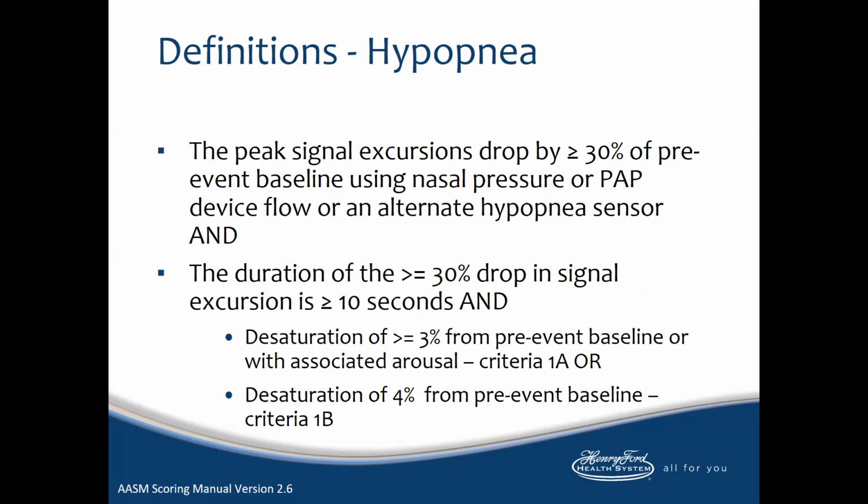There are two different criteria, and this is important based on the patient's insurance, whether it's a level 1A criteria or a level 1B criteria. That measures a desaturation of greater than or equal to 3% from pre-event baseline with an arousal, versus just a 4% desaturation from baseline. So you have a tendency, if you're using that 4% criteria, you may not score all of those events.